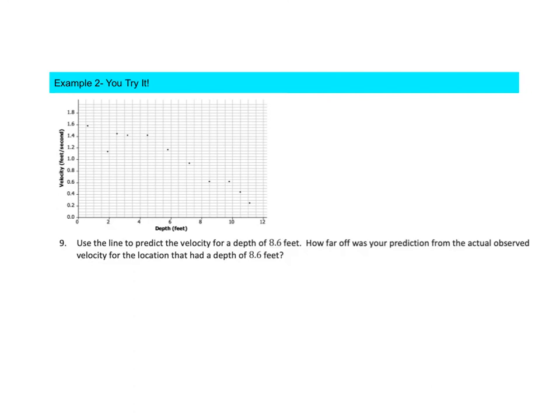All right, use your line of best fit to predict 8.6 feet. So 8.6 feet is, I think, this dot that's actually right here, and your line of best fit is supposed to predict where that's going to be, but it should pretty much match up with where it shows, right? 8, this is 9, so it's right in the middle here, and if you draw this across, it should be pretty close to where it actually hits.